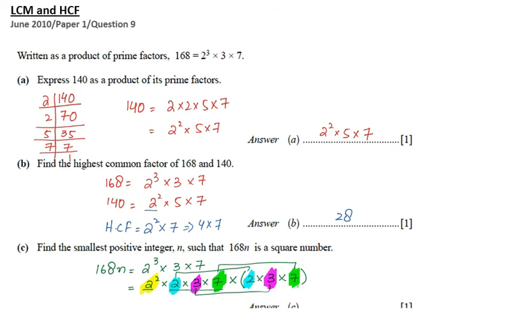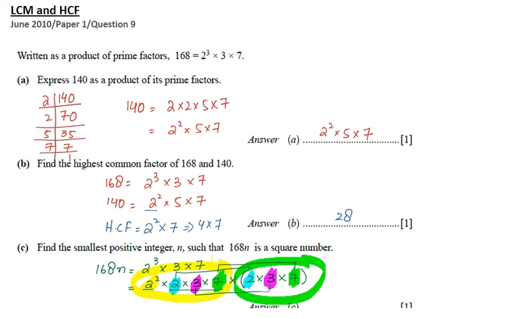So we can say that if we multiply 168 by 2 into 3 into 7, it will become a square number. Multiplying these three numbers, 2 times 3 is 6, and 6 multiplied by 7 is 42.